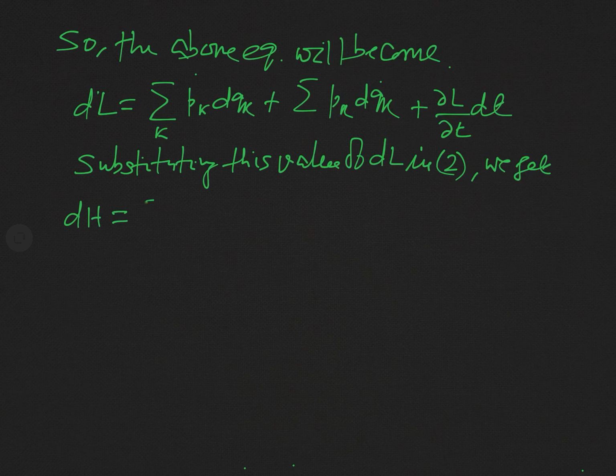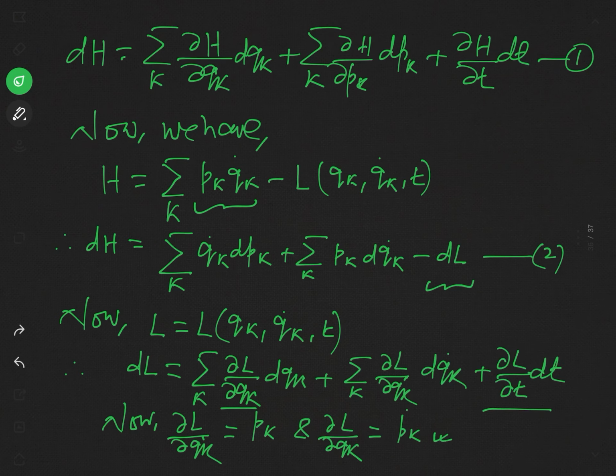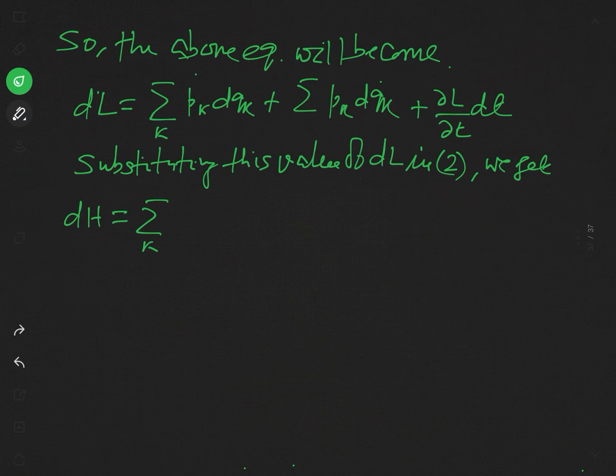This will be summation over k. See this equation. This is qk dot dpk plus pk dqk dot. So this is summation over k qk dot dpk plus summation over k pk dqk dot, and there is minus dl.